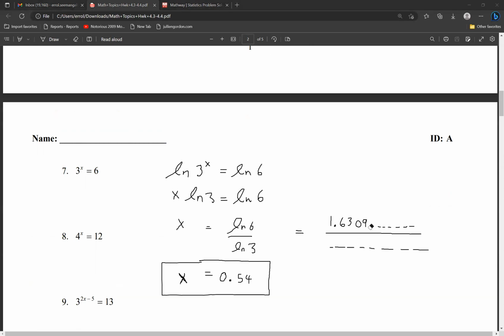Okay, so let me write out the whole number. What's ln 6, the whole thing on your calculator? Oh, you just want me to do ln 6.